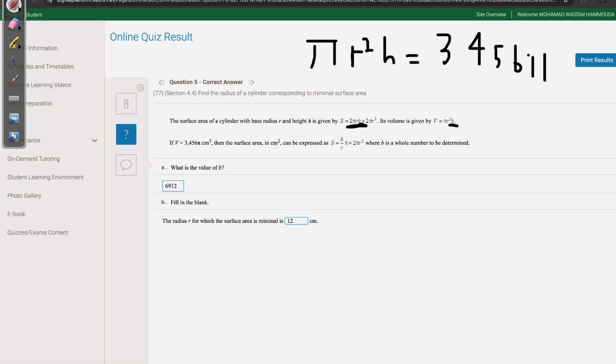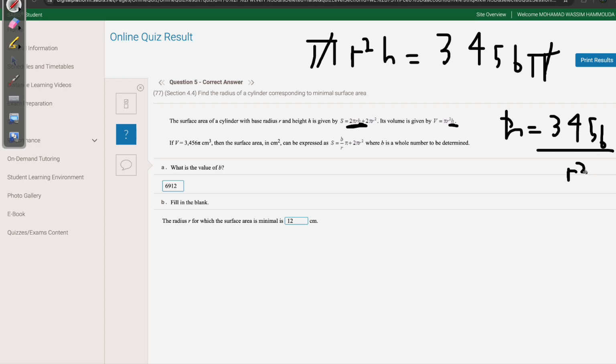Look, what we're doing now is writing h in terms of r. So let's cancel pi. So we get h is equal to 3456 over r squared.